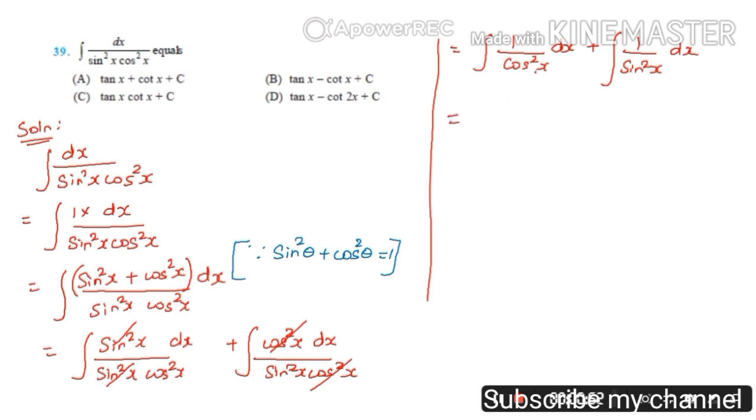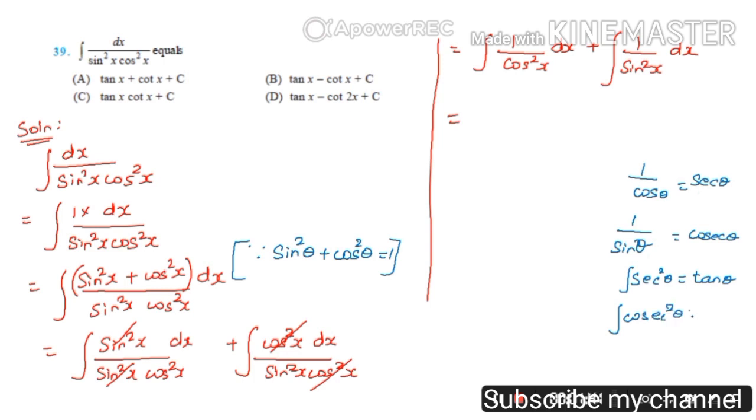Now I am going to write some formulas. 1 by cos theta is secant theta, that is the inverse of cos theta is secant theta, and the inverse of sin theta is cosecant theta. So 1 by sin theta is cosecant theta. The other formula is integral secant square theta is equal to tan theta, and similarly integral cosecant square theta is equal to minus cot theta.